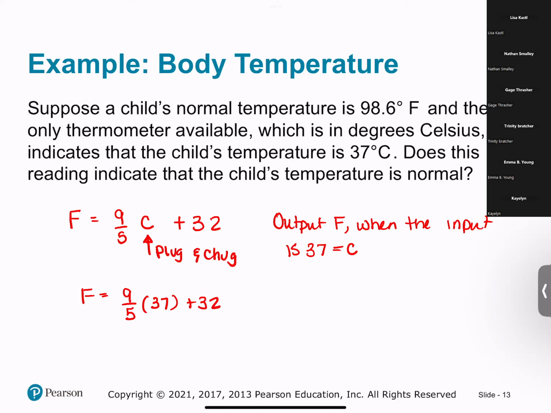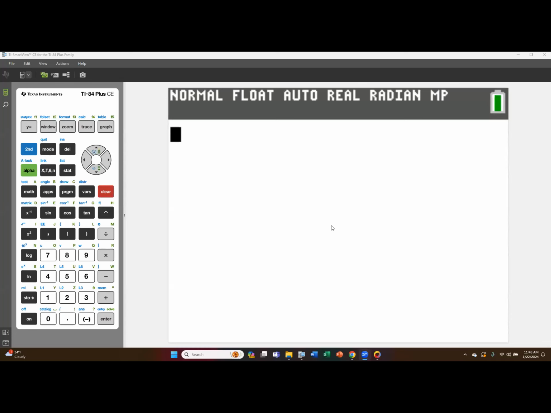So let me go back over here and let me share. All right, so here is my calculator. And I'm going to multiply 9/5 times 37, and then I'm going to add 32 to it. So there's a couple ways I could do this.